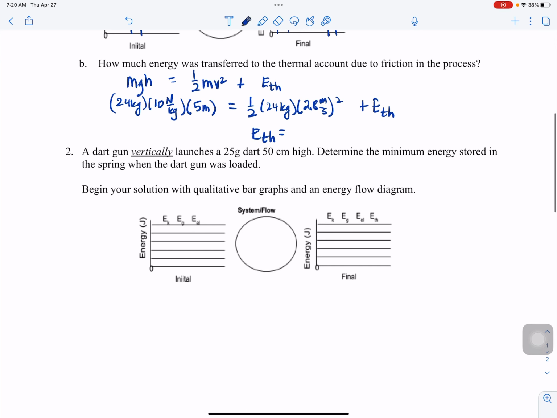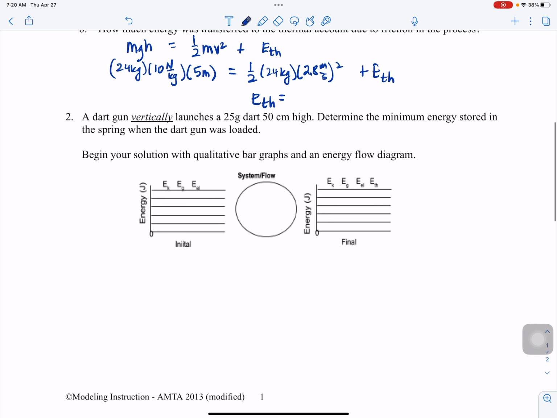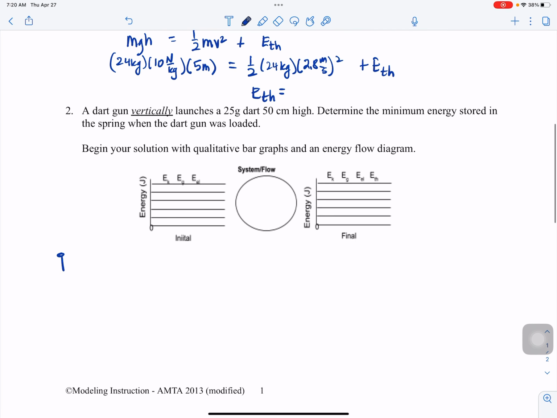Number 2. A dart gun vertically launches a 25-gram dart 50 centimeters high. So we want to do some kind of before. I've got a dart going upwards. Continue reading. Determine the minimum energy stored in the spring when the dart gun was loaded.